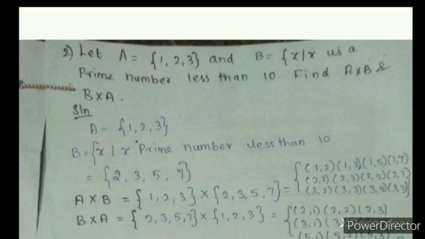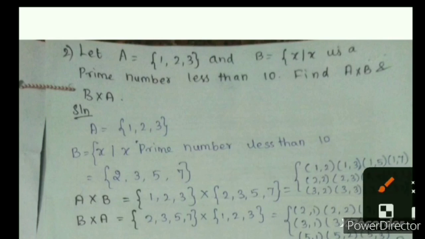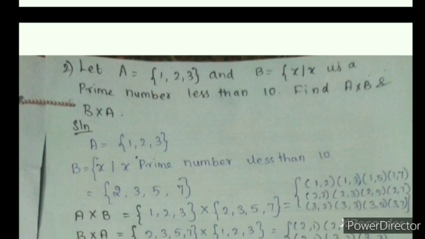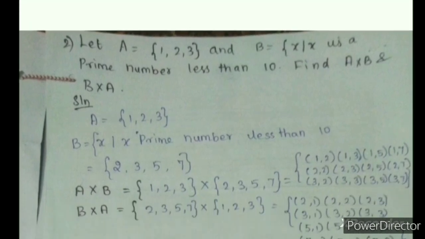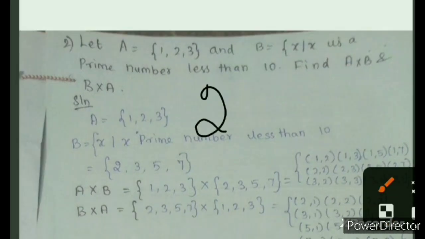So is 1 prime or composite? 1 is neither prime nor composite. Less than 10, 2 is the only even prime number.